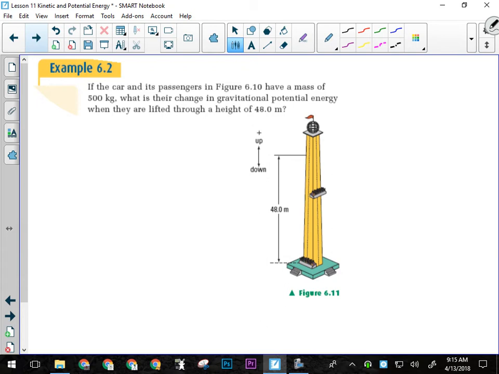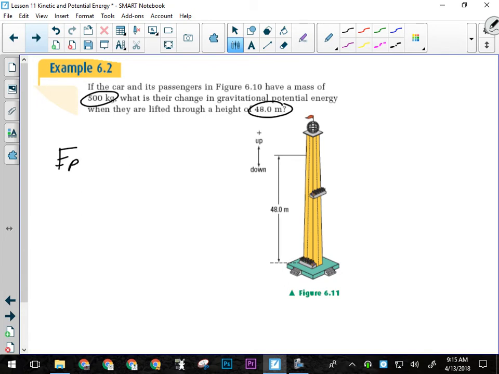All right, so if I'm looking at this ride, and the ride is at its highest point, in this case, not the Space Shot, 48 meters above ground level, I can calculate its potential energy. The ride is 500 kilograms, so they tell us the mass, they tell us the height, and we assume this ride is on Earth where gravity is 9.81.